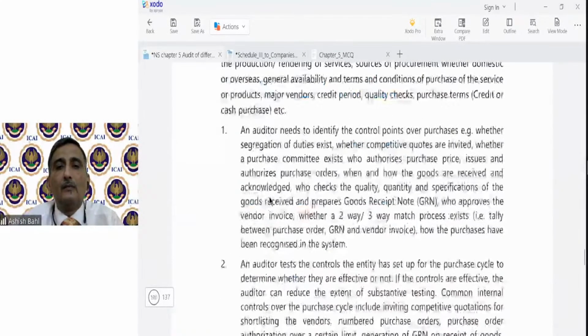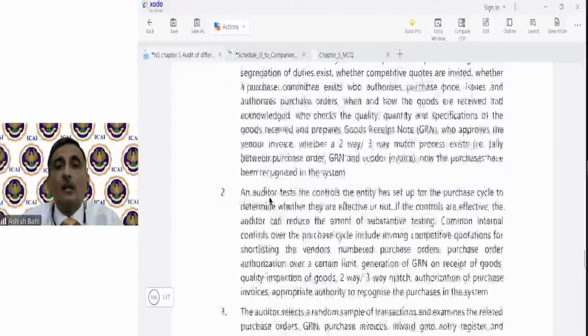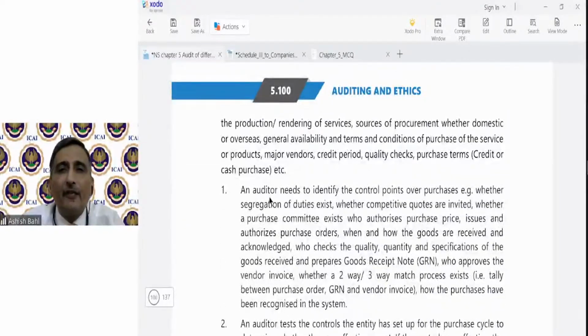So he would be performing all kinds of substantive procedures for purchases, like he would be checking sample purchase invoices, verifying their calculation, and verifying the inward goods register to see when purchases are received, when goods are received, and how these are accounted for.